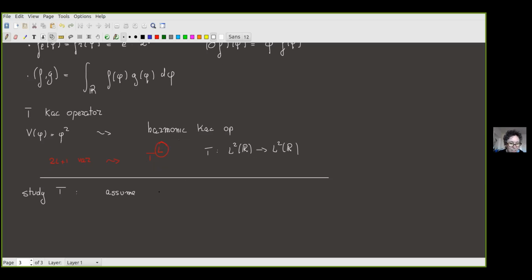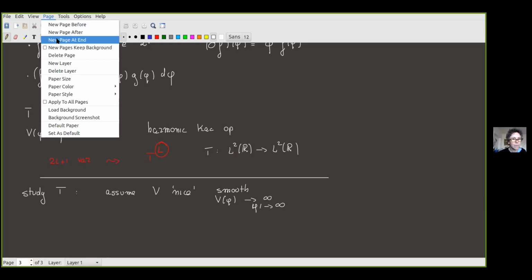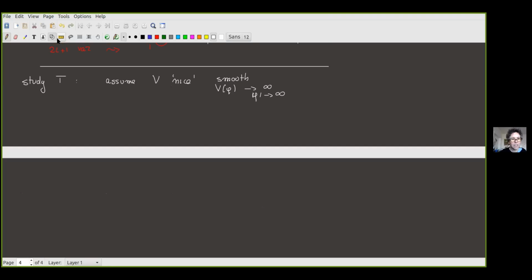Assume V is nice, for example smooth, and let's say that V goes to infinity fast enough when phi goes to infinity. Then T is indeed an operator from L2 to L2.